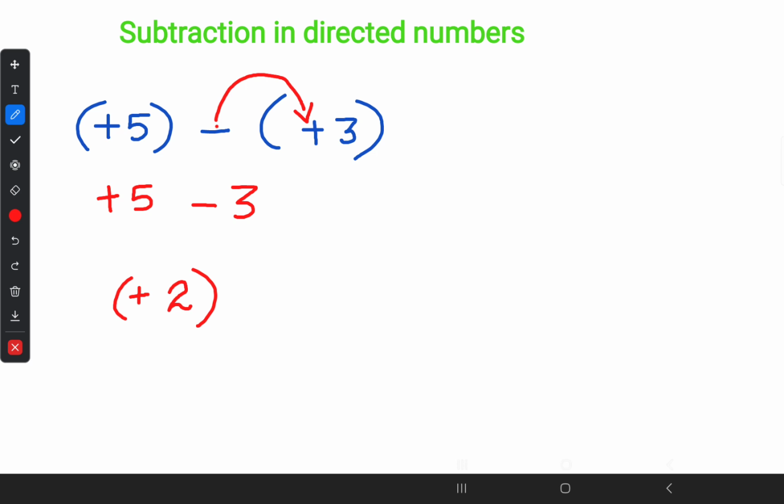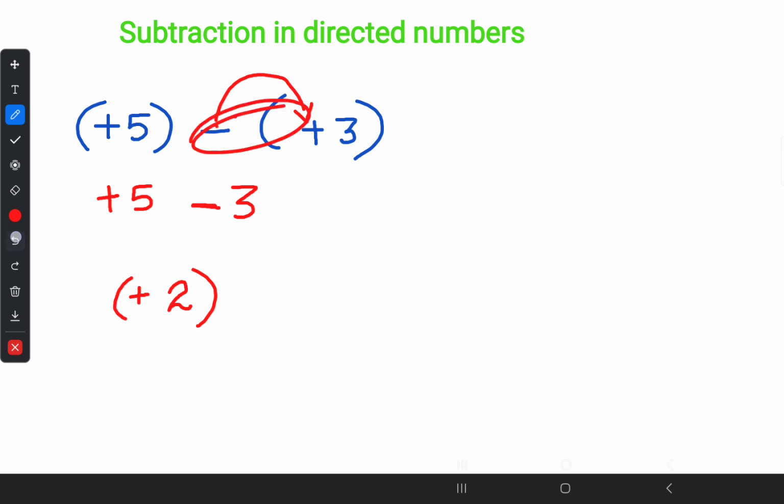Okay, I'll repeat again. This 5 remains the same as positive 5. But when you look at this, there is a negative and inside the bracket we have positive 3. The bracket is indicating multiplication. So the negative should be multiplied with this positive. Negative into positive, negative. Then 3.